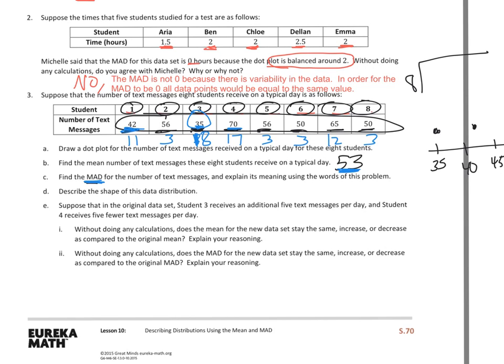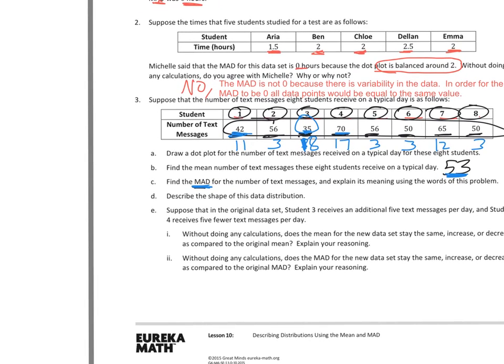So to find the mean absolute deviation, I take all those values and I add them up. So I have 11, 3, 18, 17, 3, 3, 12, and 3. And I can add all of those up to get my total.